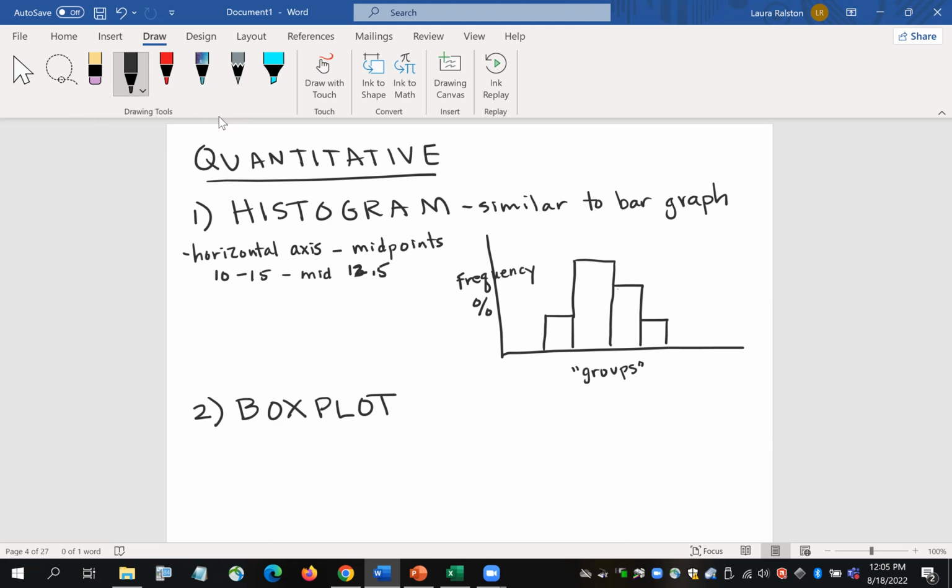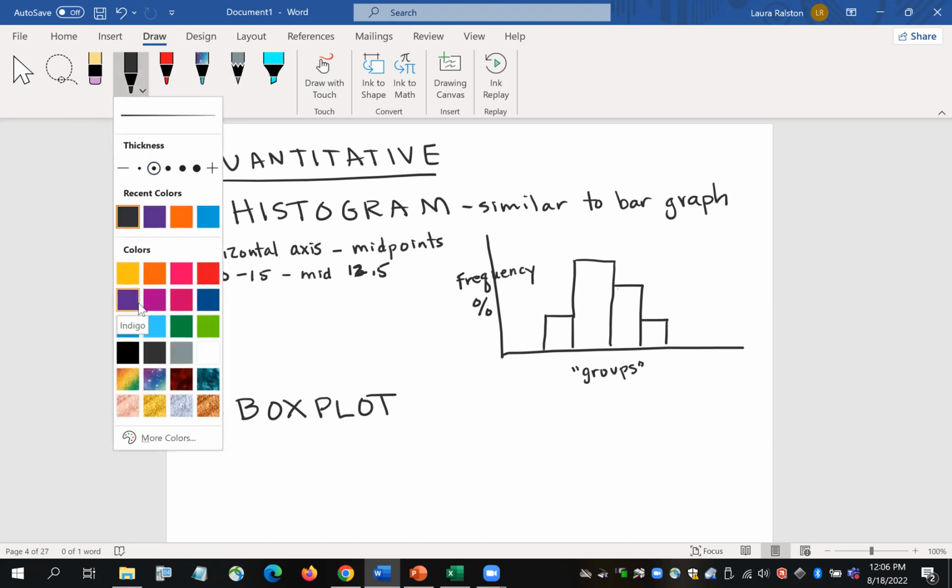So they can break down. We indicate that it's a continuous scale with the numbers, but there's no gaps in the numbers. We don't jump from 10 to 15. We have to hit all of the numbers in between. So that's one of the big things with a histogram, is that there are no gaps between bars.